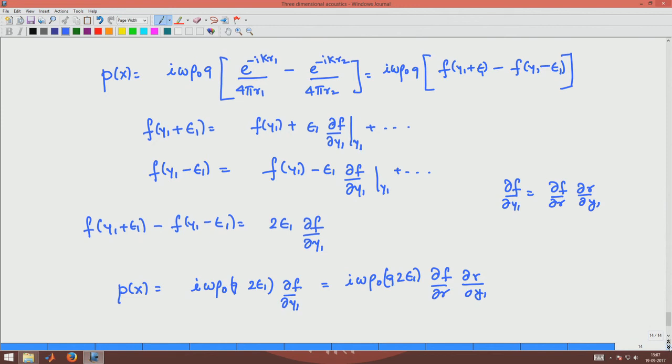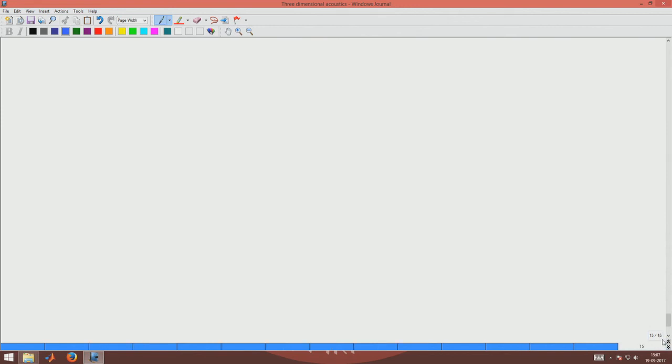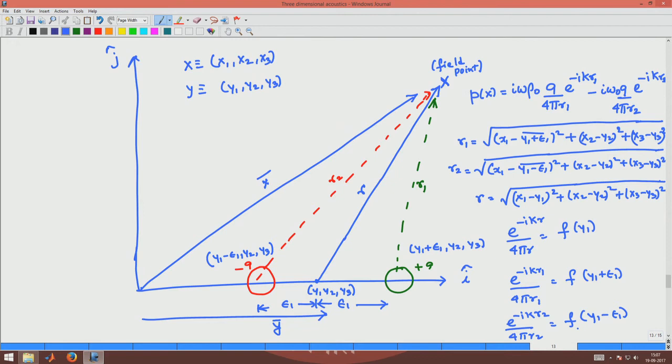So, accordingly I need to calculate del r/del y 1, where r you will recall is given by square root of (x 1 minus y 1) whole square plus (x 2 minus y 2) whole square plus (x 3 minus y 3) whole square. That was what we had derived a few slides back.